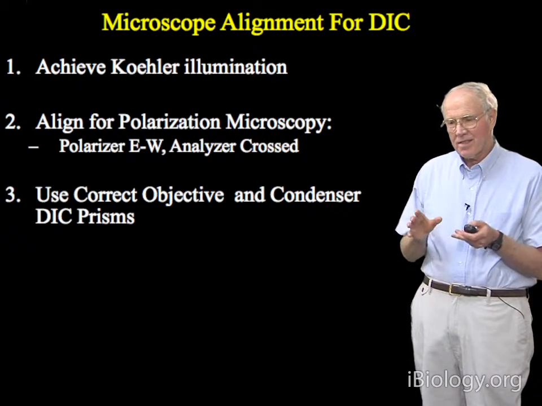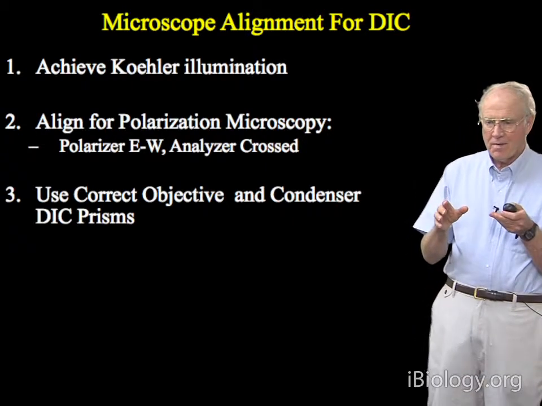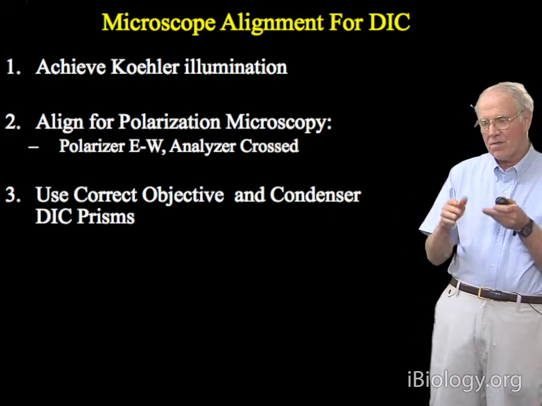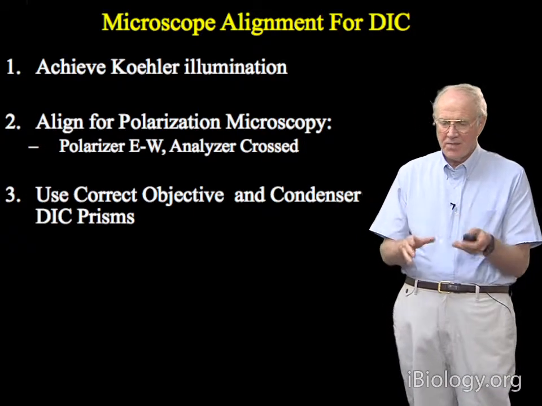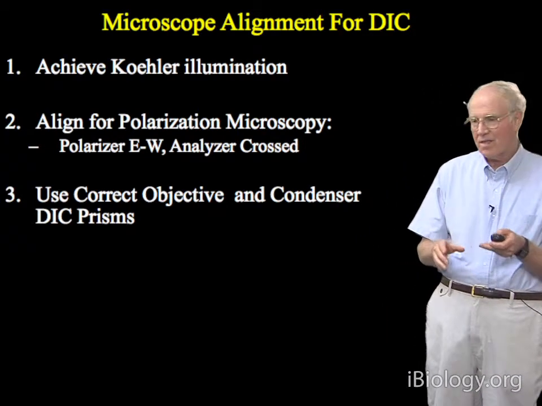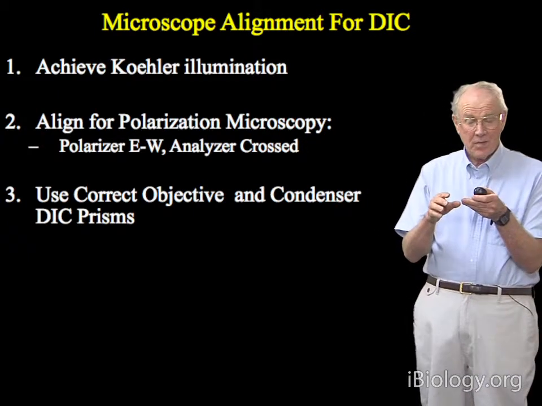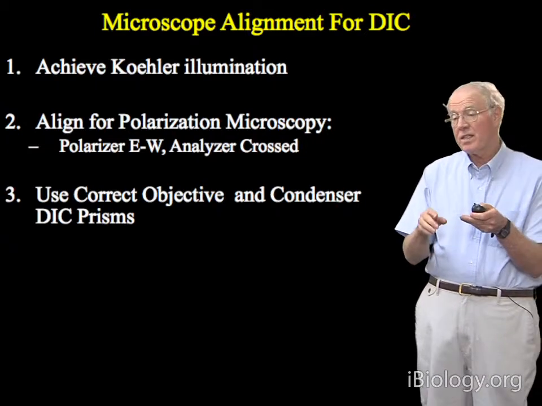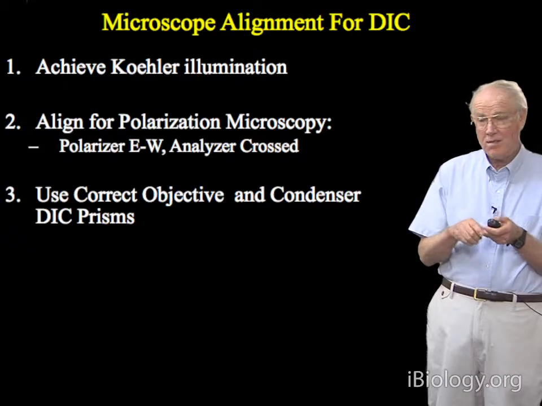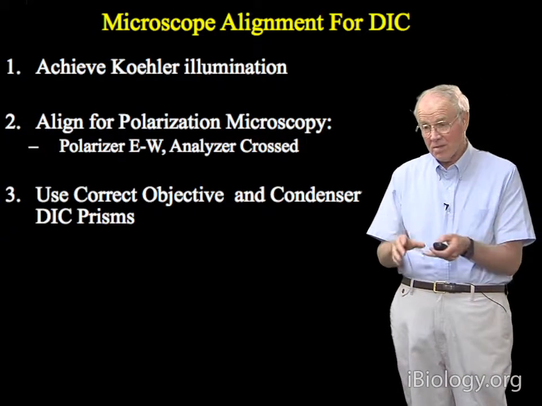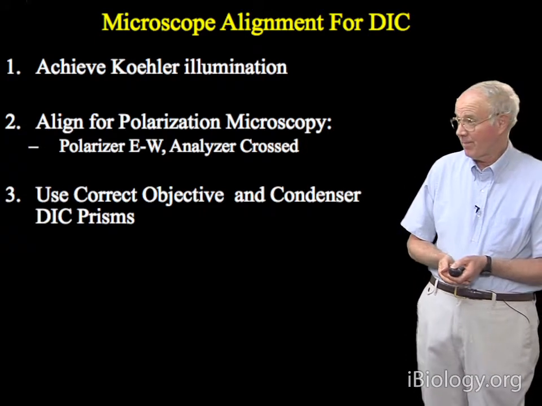And the DIC prisms differ depending on what kind of condenser lens you have. If it's a long working distance, low numerical aperture 0.55, that DIC prism will be different than if it's a high NA but dry 0.9 condenser lens, and different yet again if it's an oil immersion 1.4 condenser lens. So you can end up with multiple different prisms in order to match the objective prism.